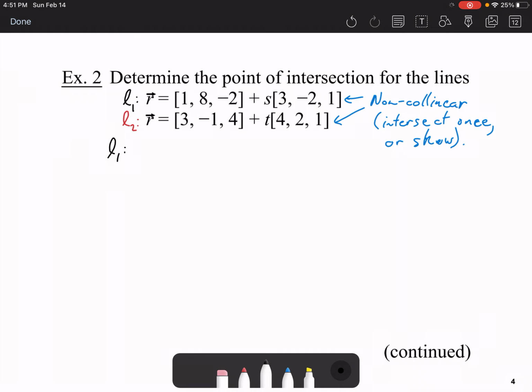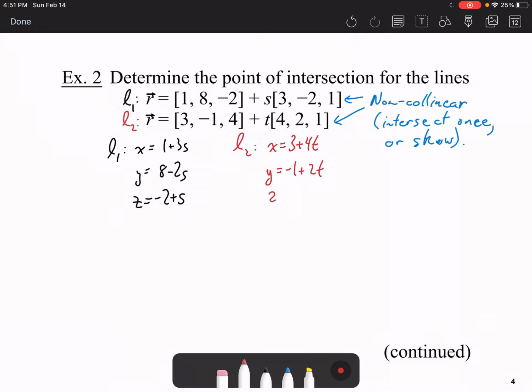So line 1 would be listed as x equals 1 plus 3s, y equals 8 minus 2s, and z equals negative 2 plus s. Whereas for line 2, you can write it as x equals 3 plus 4t, y equals negative 1 plus 2t, and z equals 4 plus t.